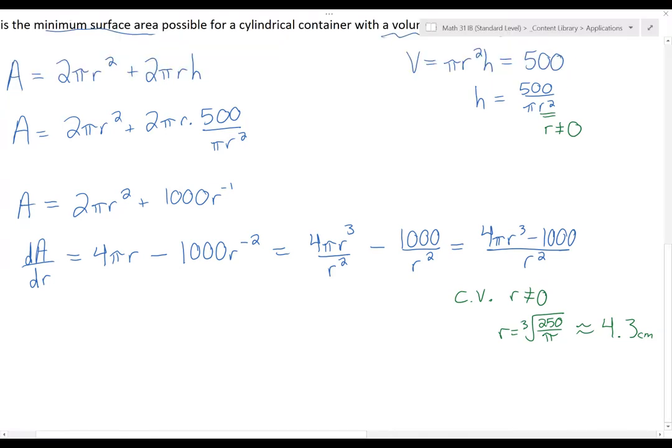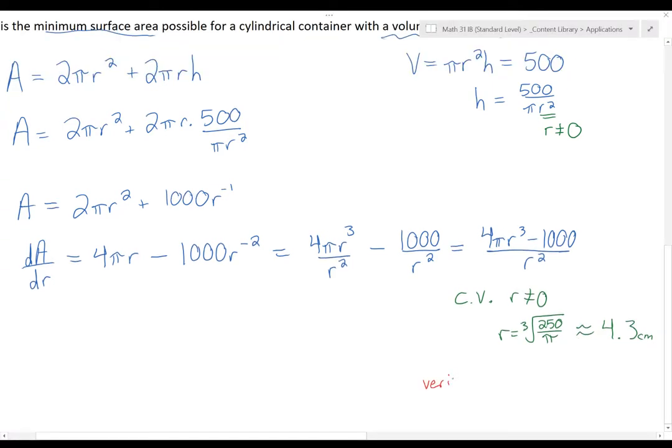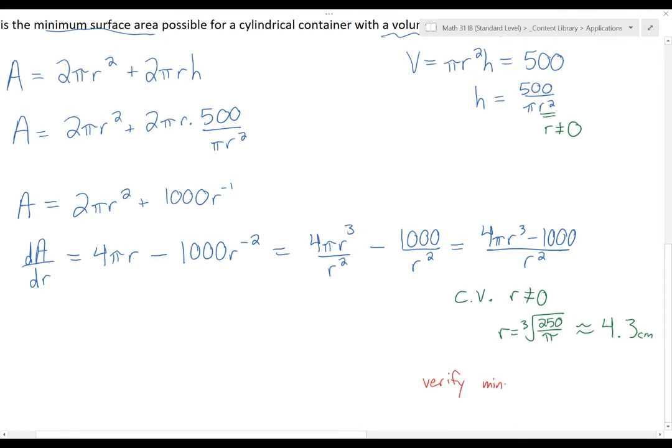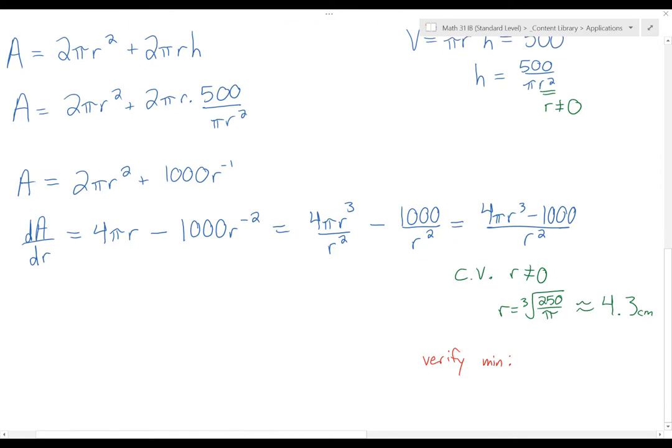And for this one, I'm going to use the second derivative test. The reason I'm going to use a second derivative test here is I can find the second derivative just with a very simple power rule application.